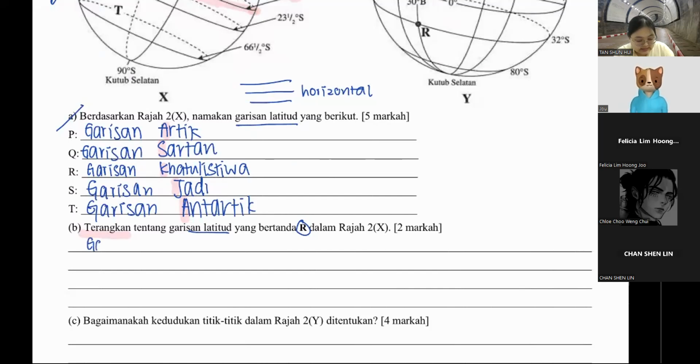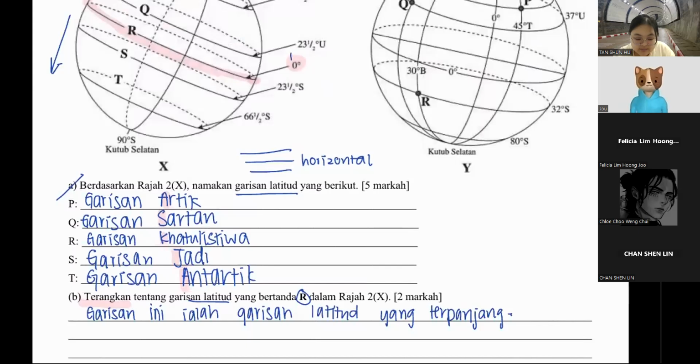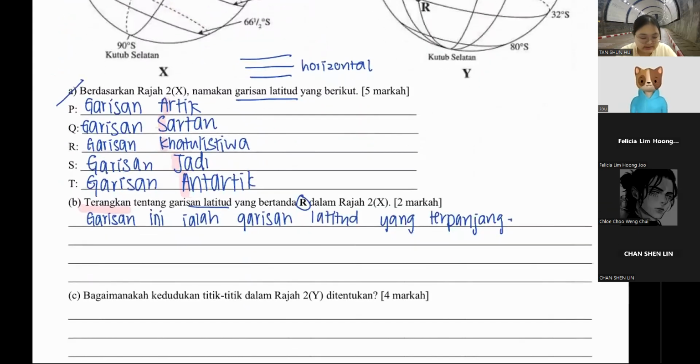You can say, garisan ini ialah garisan latitude yang terpanjang. You will get 1 mark because they ask you to explain. You can also get the answer from the top. How many degrees? 0 degree. So you can say garisan ini terletak di 0 degrees.